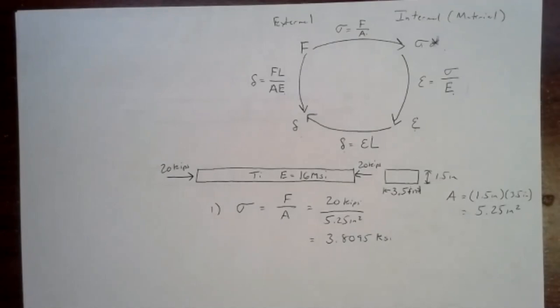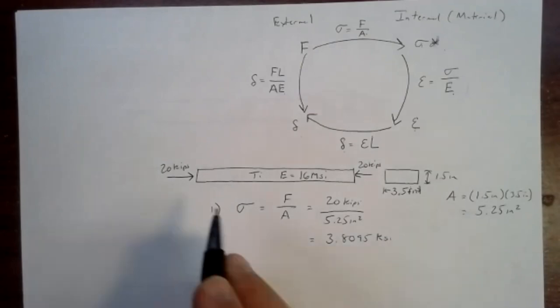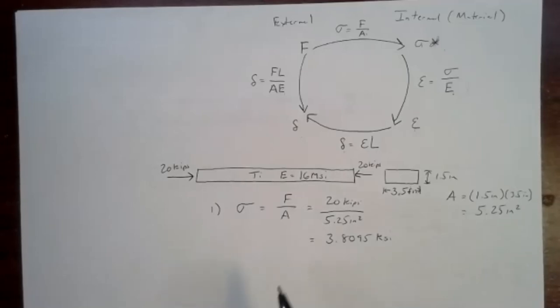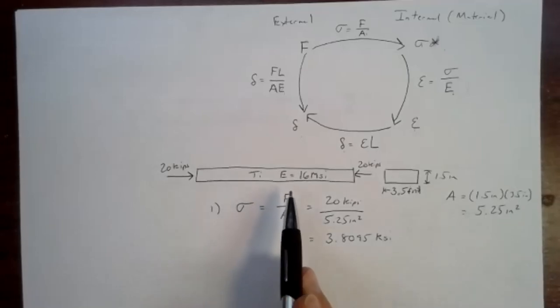Now, most of the time, stresses that are quoted in references are tensile stresses. This is compressive, because one of the things we'll look at next week is how things fail.